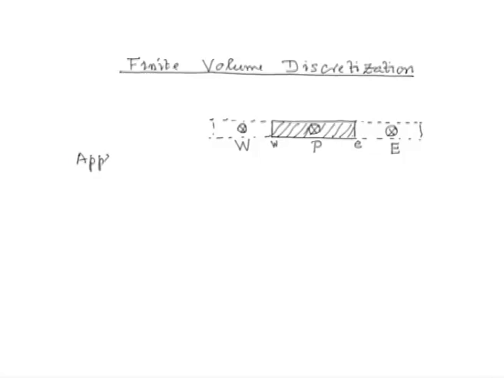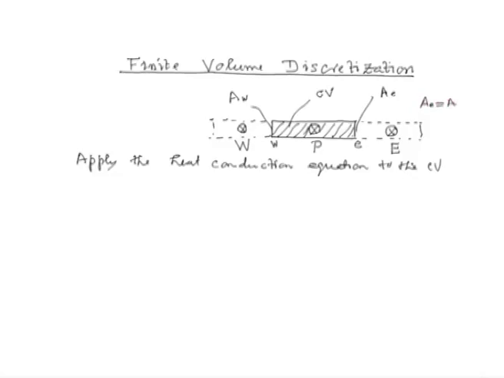So, apply the heat conduction equation to this control volume CV. The area of this particular face is AW, the area of the east face is AE, and in this case note that AE is equal to AW, same.